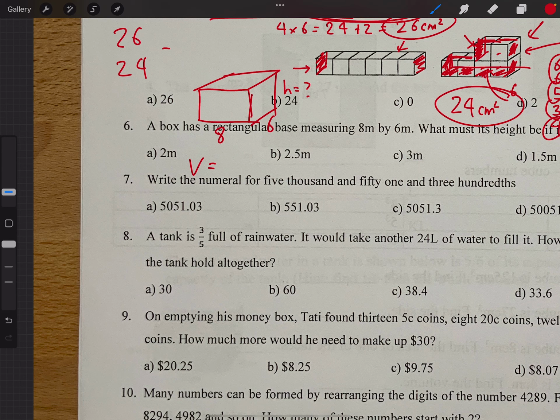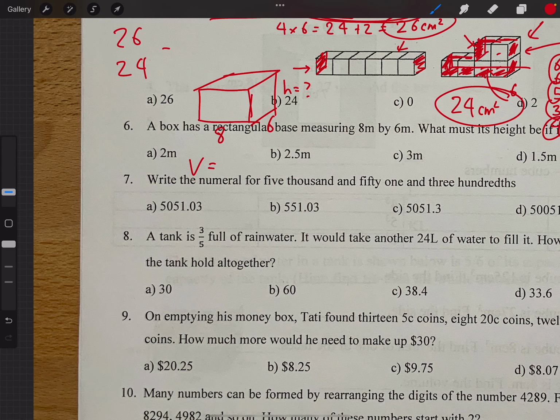Okay, so at the moment it's 3/5 full. Let me just color in some water. Imagine the water reaches up to here. There you go. So at the moment it's 3/5 full.